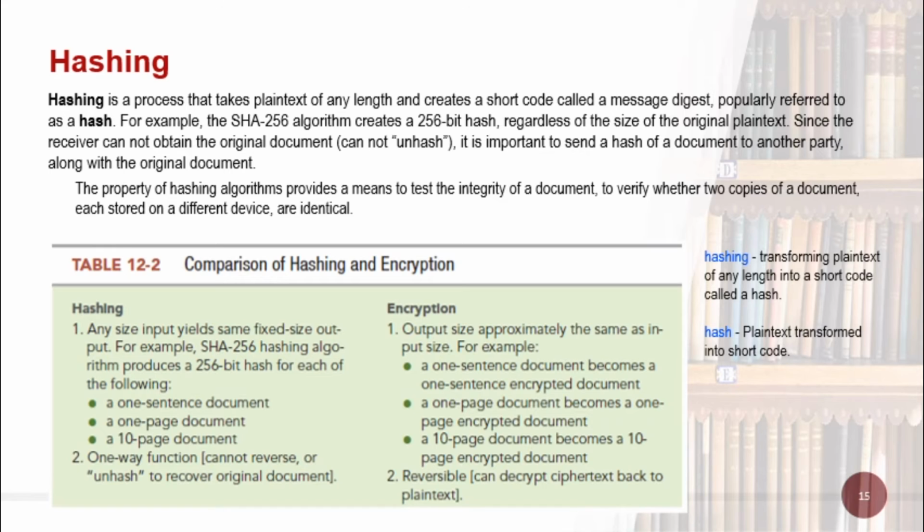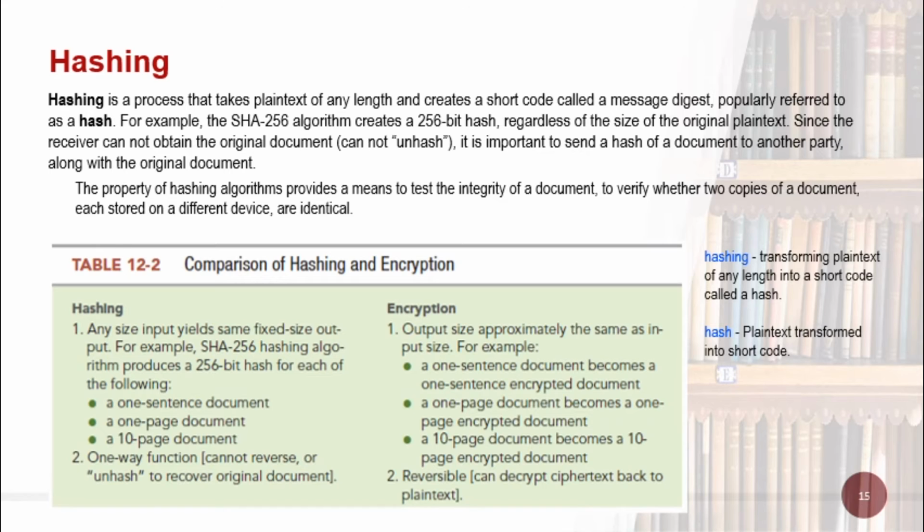Hashing is a process that takes plain text of any length, whether one sentence, a word, a one-page document or a 10-page document, and creates a shortcut called a message digest, popularly referred to as a hash. For example, the SHA-256 algorithm only creates a 256-bit hash, regardless of the size of the original plain text.